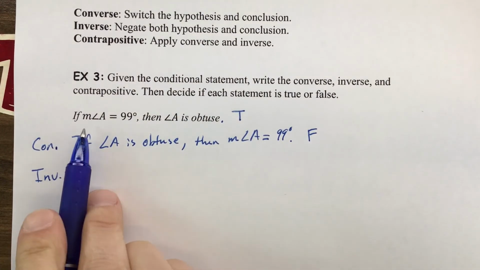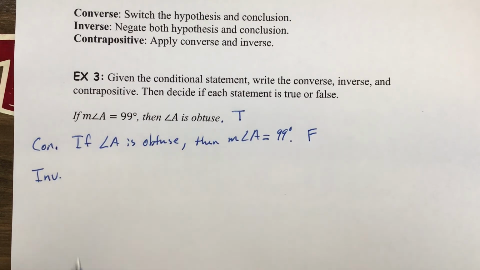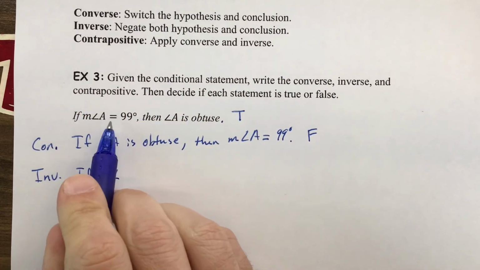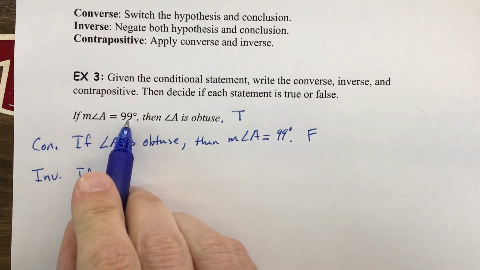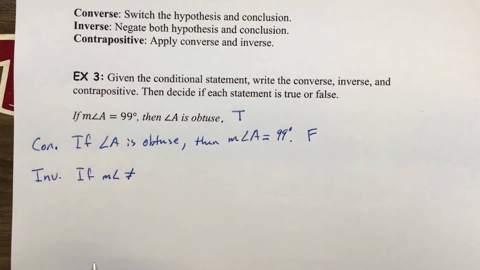Next, the inverse. For the inverse, you're going to go back to the original. Don't look at the converse right now. Go back to the original and negate those things. So we're going to start with if the measure of angle A, and it says here that it is equal to 99 degrees. The way that we can negate that is just put a little slash through the equal sign, and then it reads like this.